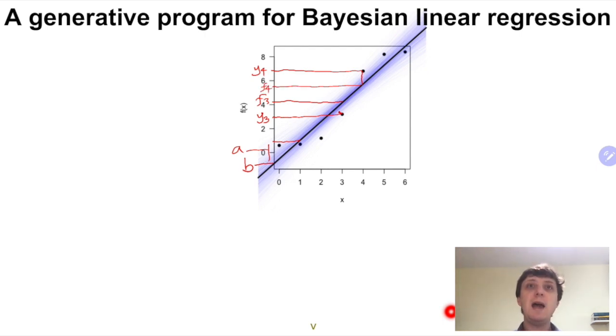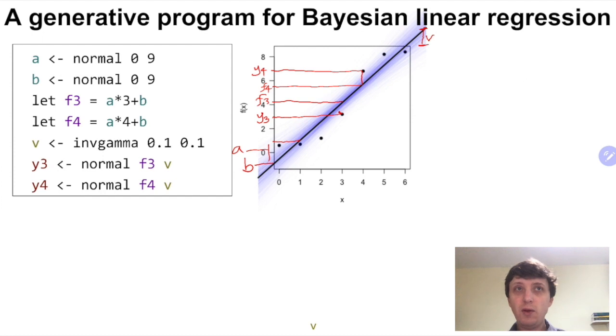Okay, so I've got A, B, y3, f3, y4, and f4. Okay, I've also got this noise amount, the amount by which the points differ from the line, and I'm going to call that V. I'm going to be interested in the sort of the variance of that. Okay, so these are all things I want to build into my generative model.